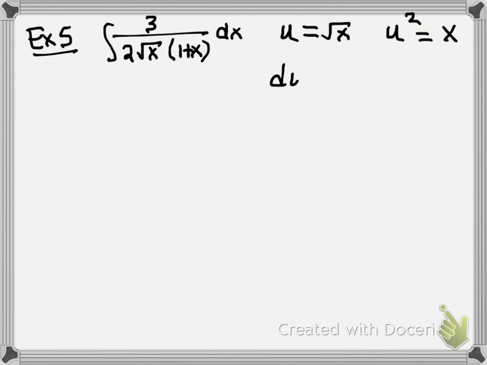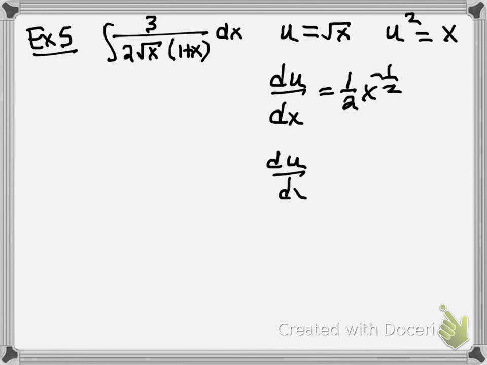So the derivative of u with respect to x is 1/2 x to the negative 1/2. And let's see, I could multiply both sides by a 2. I'll tell you what, before we do that, let's write this a little bit differently. Let's say du over dx is equal to 1 over 2 square root x, just shoving this thing down to the denominator.